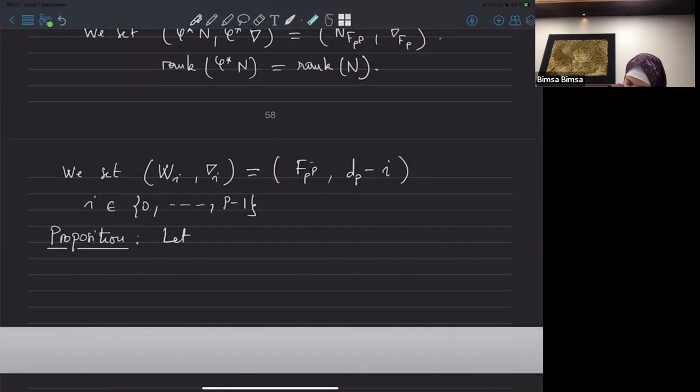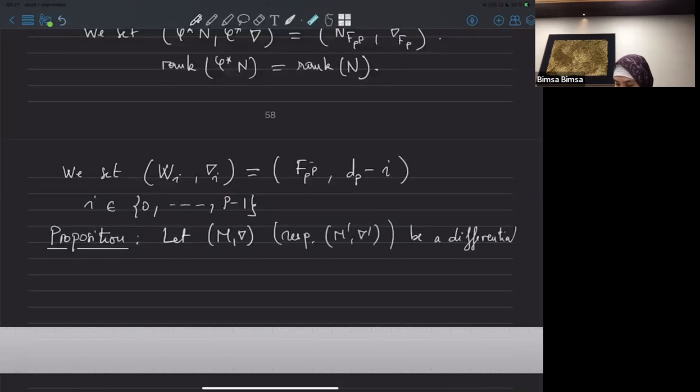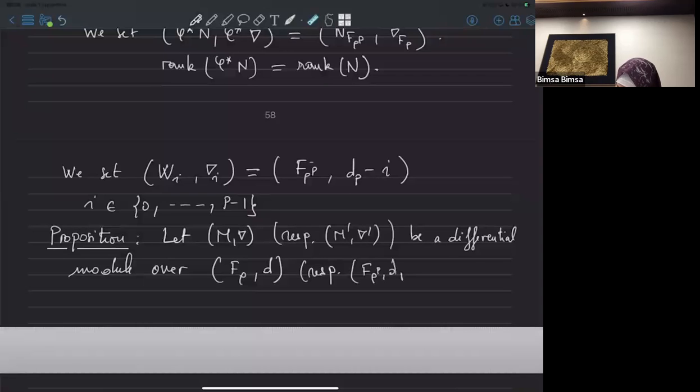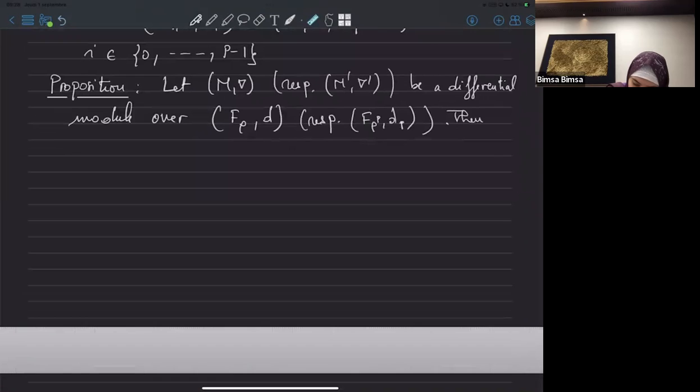Let then the push forward of M be isomorphic.